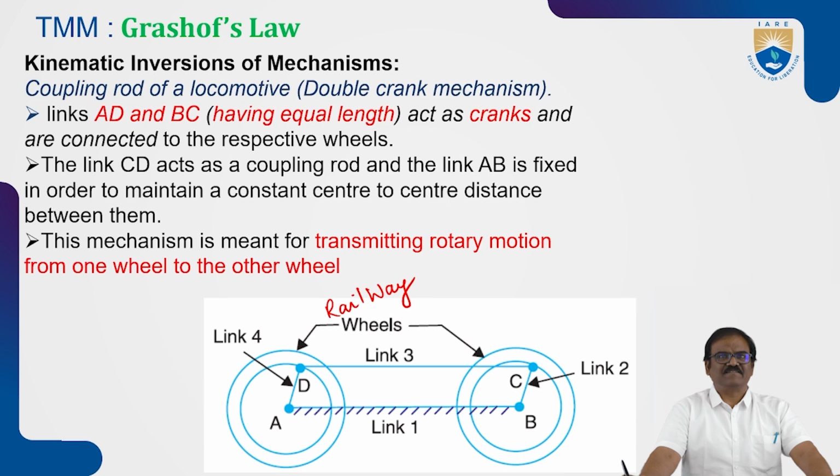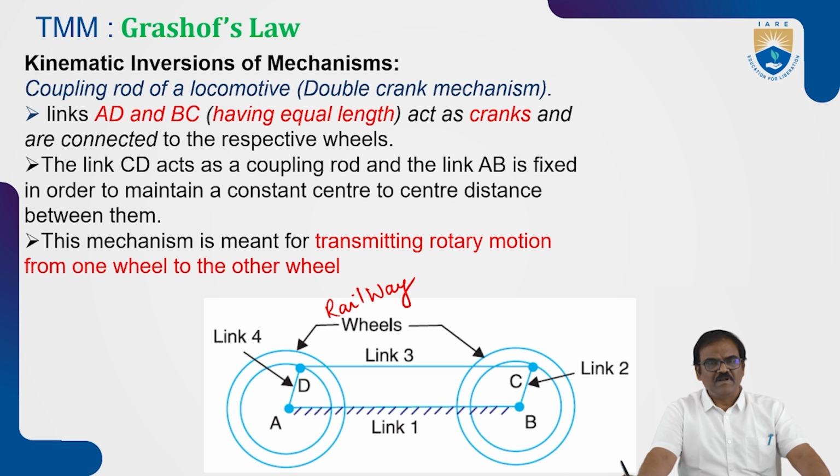The link CD acts as a coupling rod and link AB is fixed in order to maintain a constant center to center distance in this mechanism. This mechanism is meant for transmitting rotary motion from one wheel to the other wheel, which we use in railways, coupled and uncoupled. The other wheel is coupled through the link from links AD and CB.